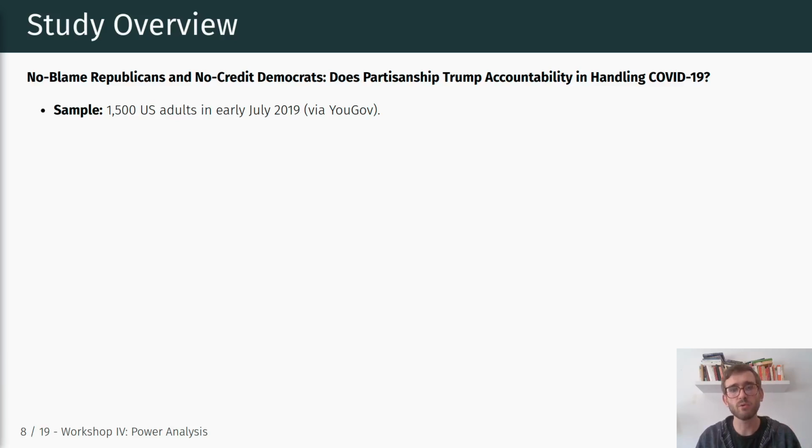The goal was to explore, under different treatment assignment regimes and different designs, the statistical power under different assumed effect sizes, right?